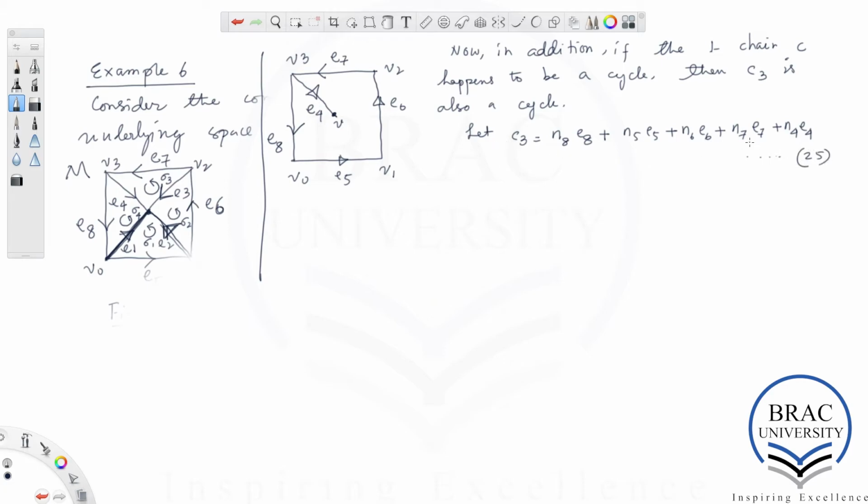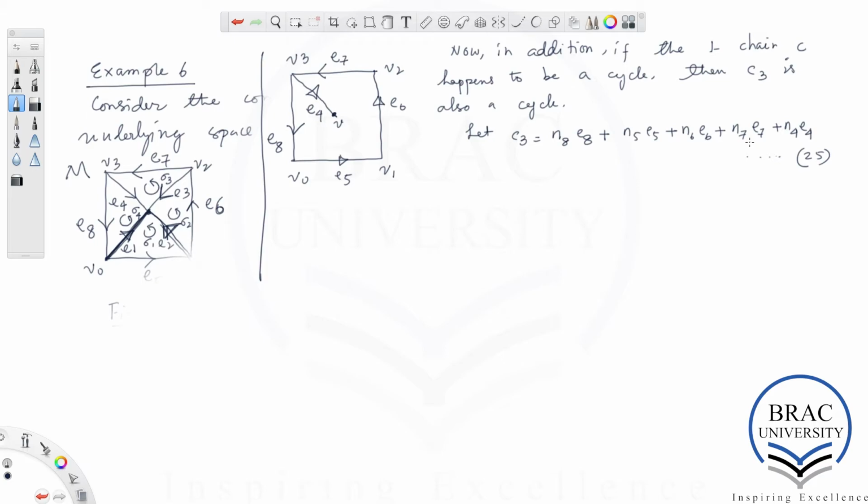This expression tells us that the value of this modified one chain C3 on the edge E8 is N8, on the edge E5 is N5, on the edge E6 is N6, on the edge E7 is N7, and on the edge E4 is N4. The value of C3 on the three edges E1, E2, and E3 were all 0.